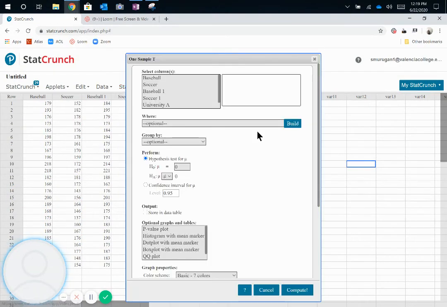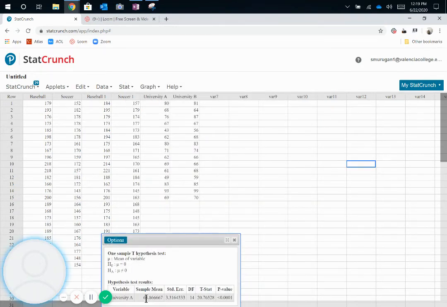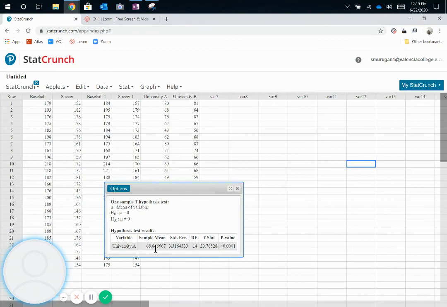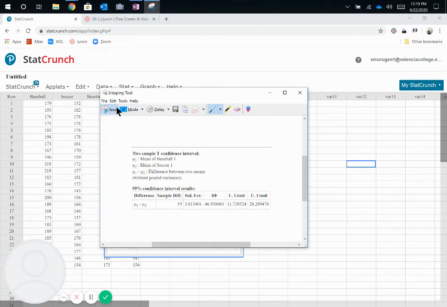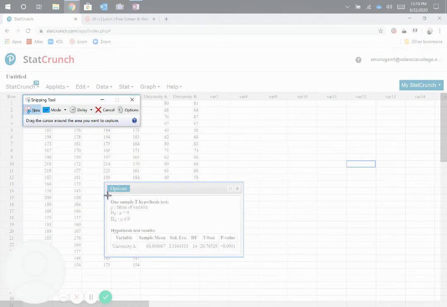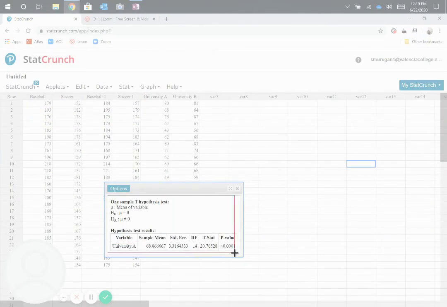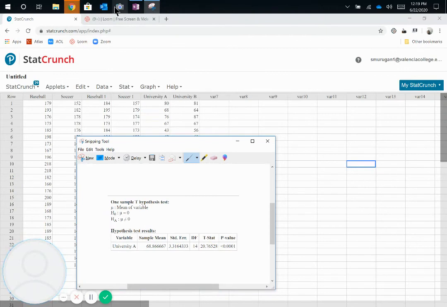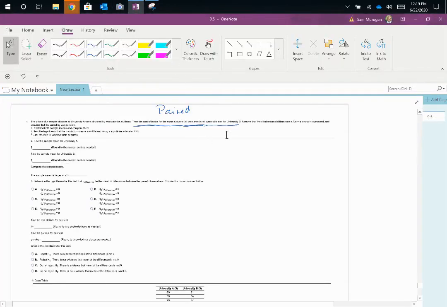With data, for University A, compute, and I can see the sample mean here is 68.8667. I'm going to copy that and insert it over here.